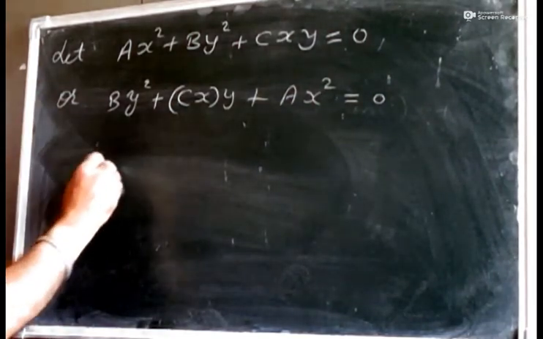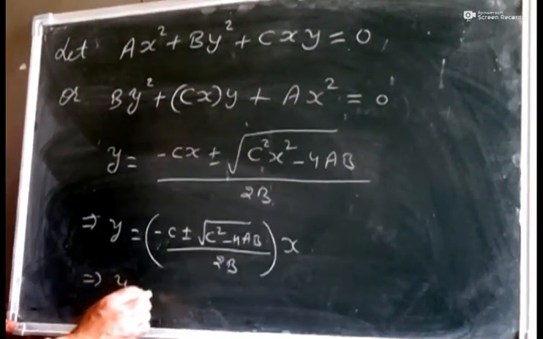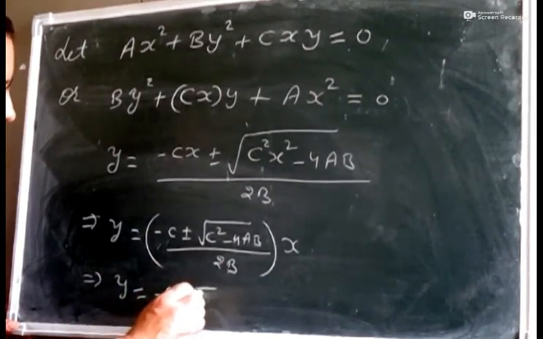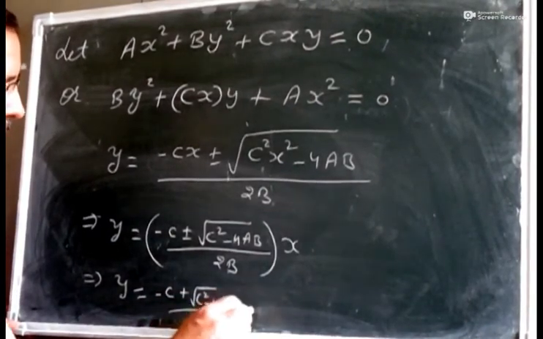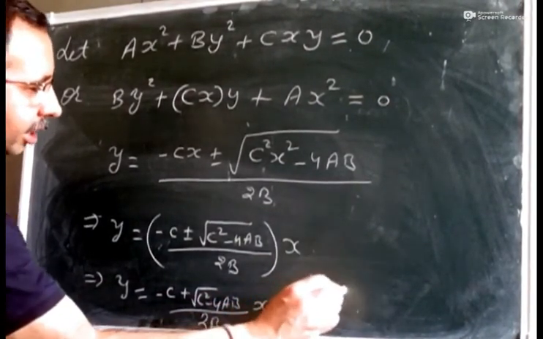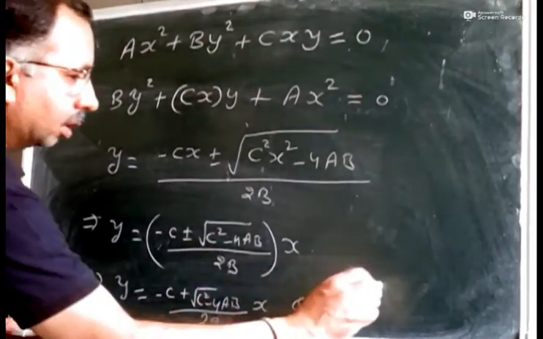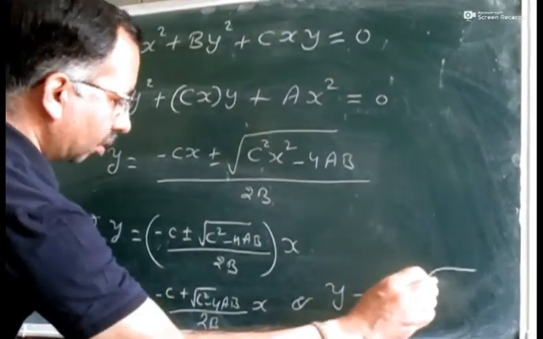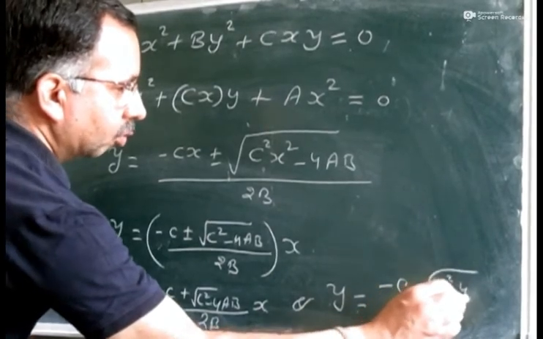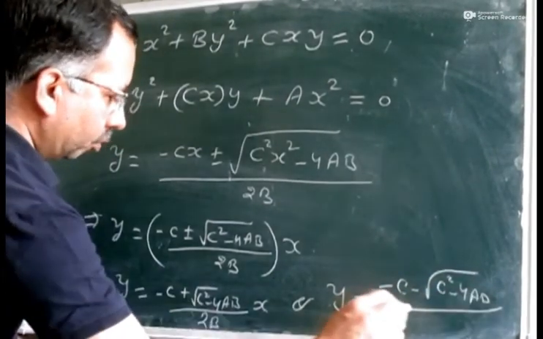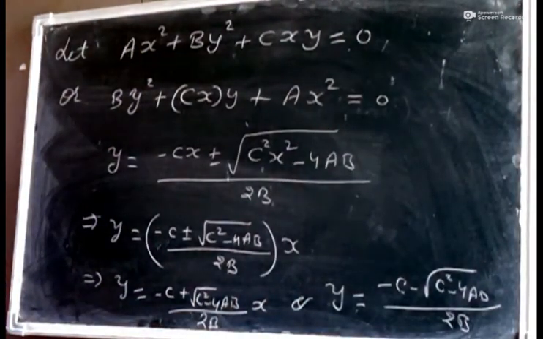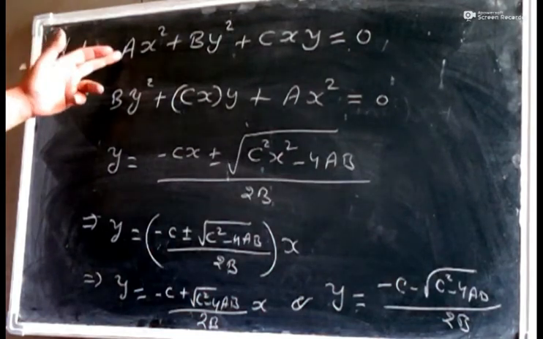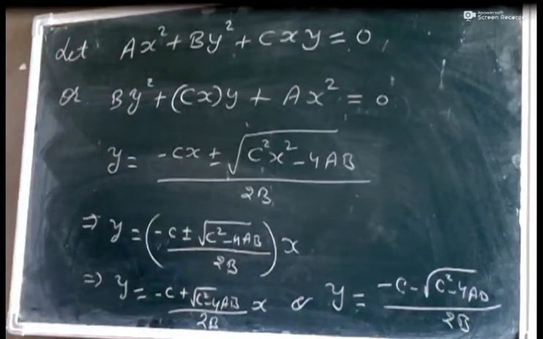So the roots of this equation are y is equal to (minus c plus square root of c square minus 4ab) over 2b times x, and another is y is equal to (minus c minus square root of c square minus 4ab) over 2b times x. So this equation gives me these two equations which are linear in x and y.